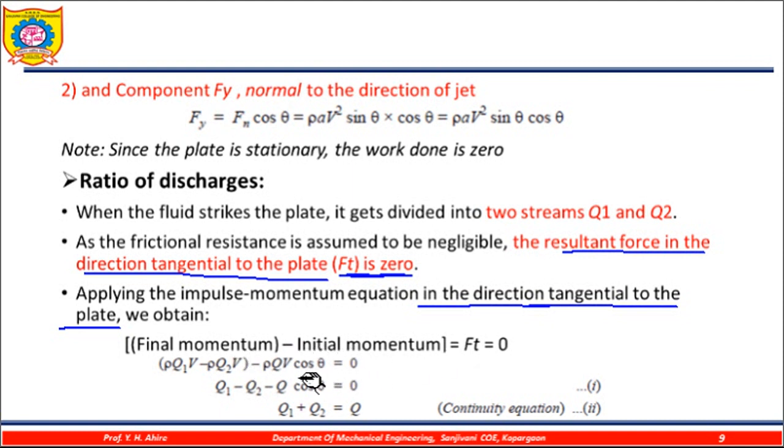Initial means before impact. Before impact, the velocity of jet along the tangential direction is V cos theta. Here you can see the velocity resolution before impact: the velocity component along the tangential direction is V cos theta.